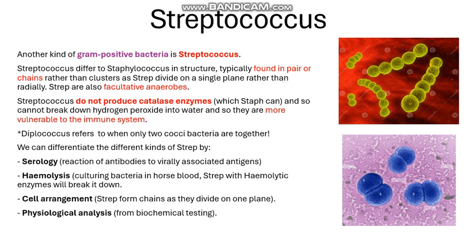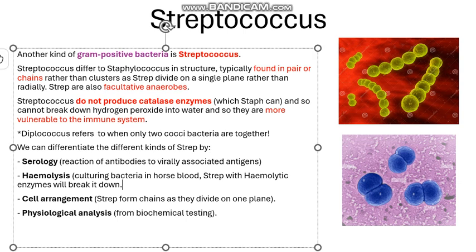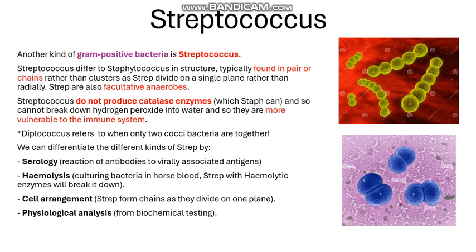The second one is haemolysis, which we're going to go over a bit more in the next slide, where we culture bacteria in horse blood, and we are able to differentiate different species of streptococci based on the hemolytic enzymes that they possess, because if strep have these hemolytic enzymes, they're able to break down the red blood cells in the nutrient agar, and we're going to be able to know that the species of strep we're trying to identify is a species of Streptococcus possessing these hemolytic enzymes.